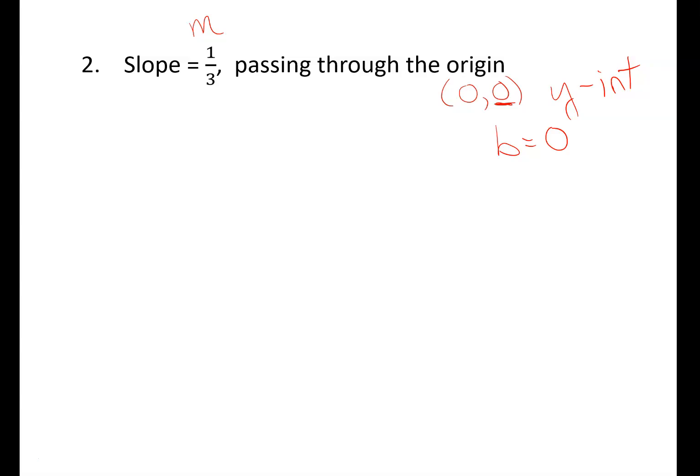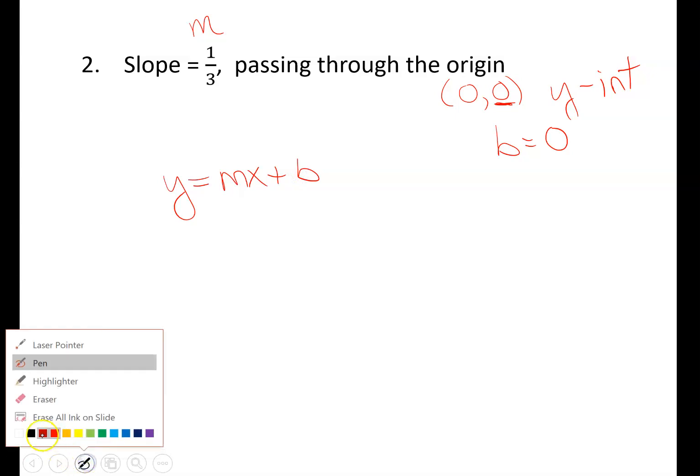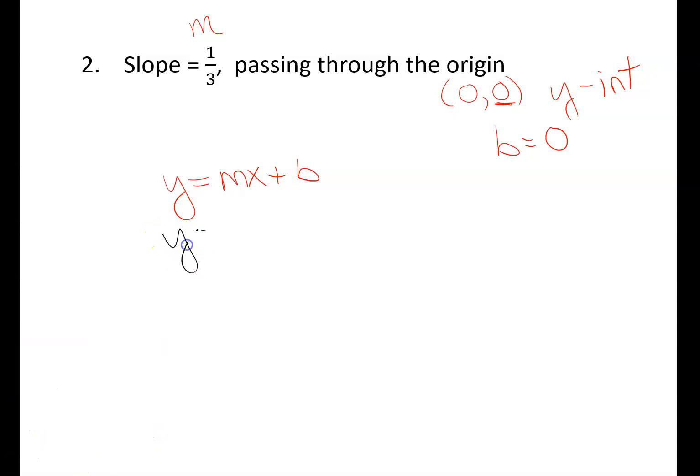Therefore, instead of going through the point-slope form, I could go directly to y equals mx plus b. And substitute my 1/3 in place of m. So it's 1/3 times x. Make sure you don't put the x on the bottom of your fraction.